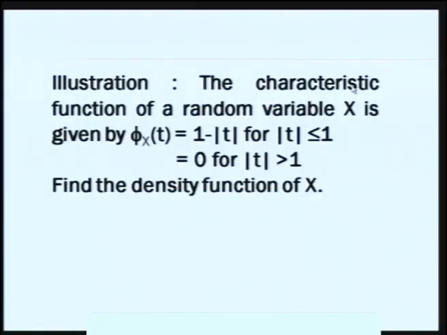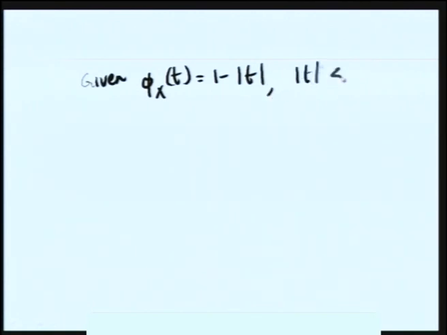Given the characteristic function of a random variable, we have to find the density function of x, that is, the probability density function of x, and this can be done only using the inversion formula for the characteristic function. Okay. So, we shall do this now, and what is given? We are given φx(t) is equal to 1 minus modulus of t for mod t less than or equal to 1, and equal to 0 for mod t greater than 1.